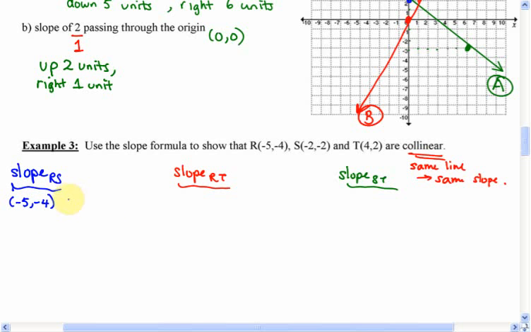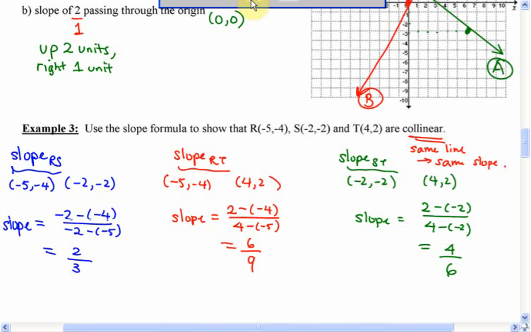RS, there you go. RT is negative 5, negative 4, and 4, 2. ST is negative 2, negative 2, and 4, 2. Can you please calculate the slope for each of these using the formula, and let's hope that the fractions you get are the same. Spend a few minutes doing this on your own.